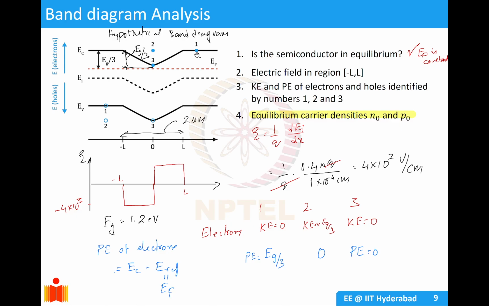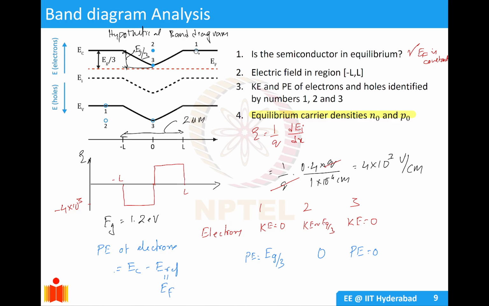The electrons there are at equilibrium, so they are not moving. And the potential energy is given as EC minus E ref, where E ref is your Fermi level.